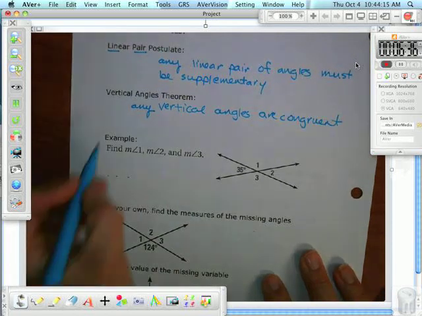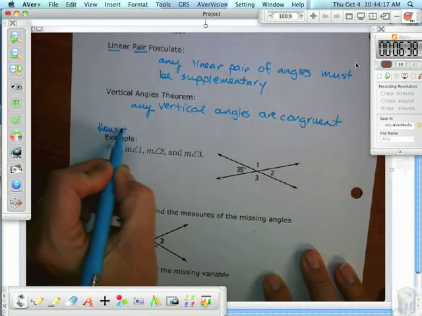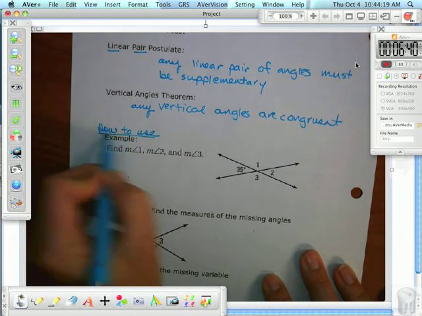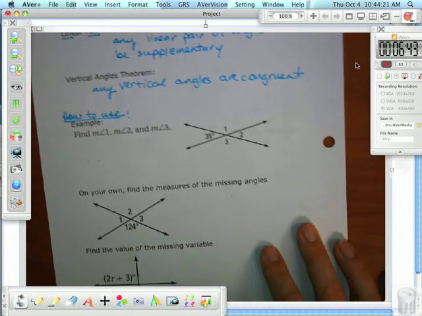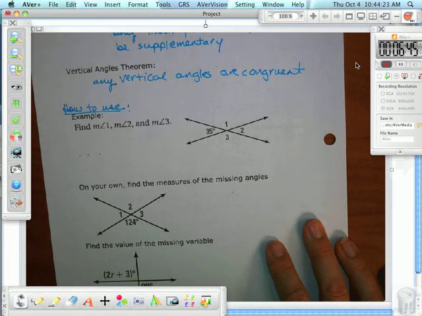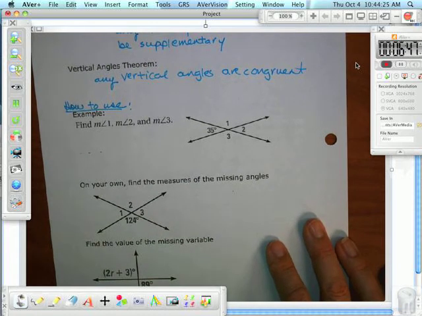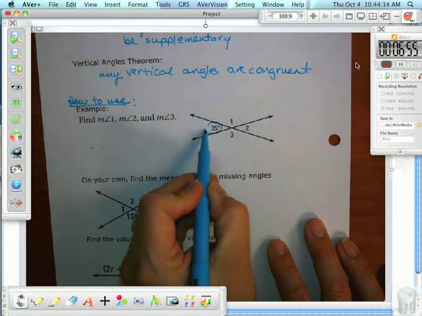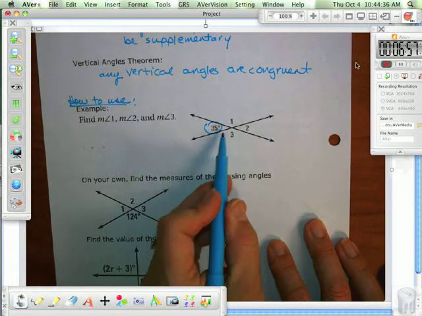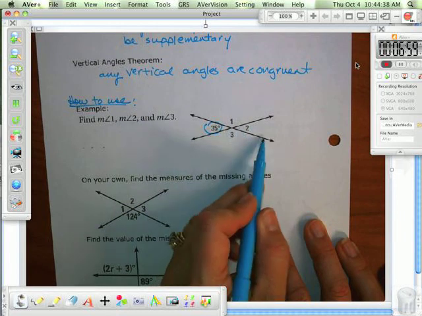All right, so let's see how we're going to use this. Find the measure of 1, measure of 2, and measure of 3. So you look at the picture and think about what you know. You could go a couple different ways. We know that this is 35 degrees. So this angle and this angle are what kind of angles?